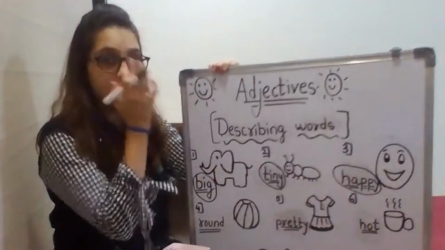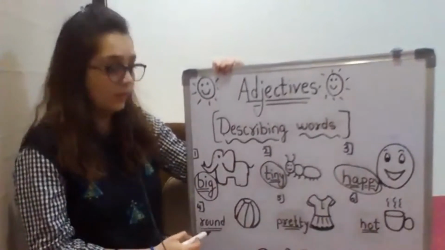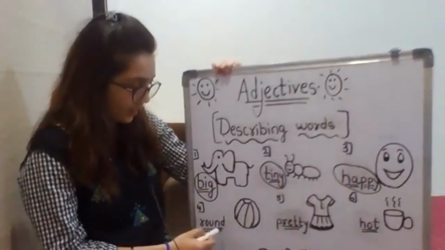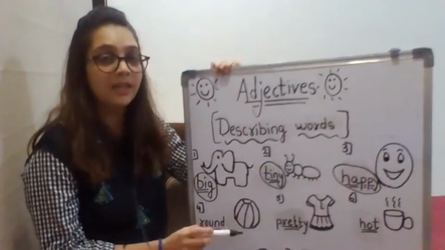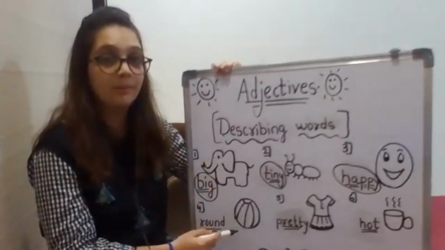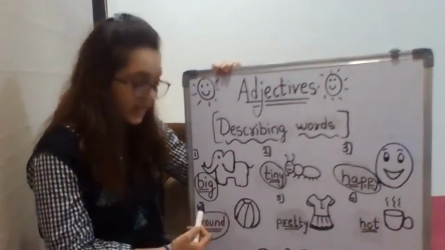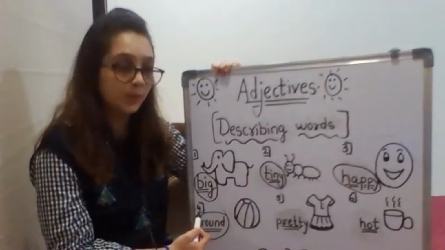The next picture is of a ball. It says round ball. How is the ball? It is round in shape. That is why round is called a describing word.